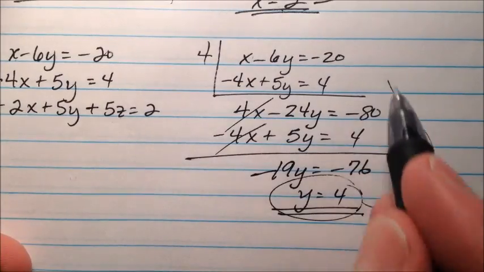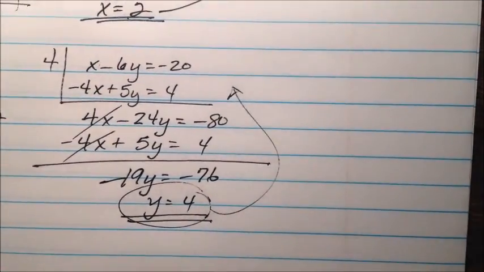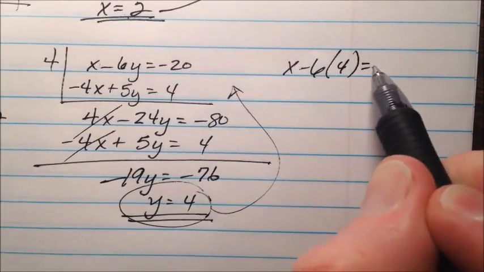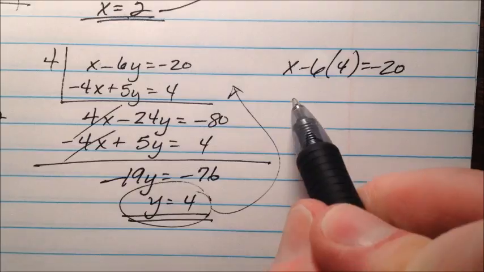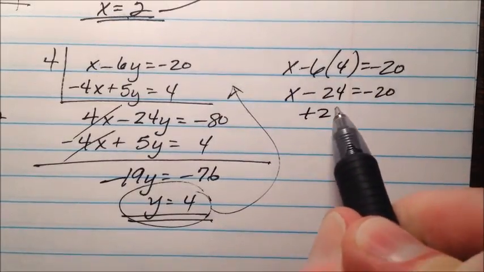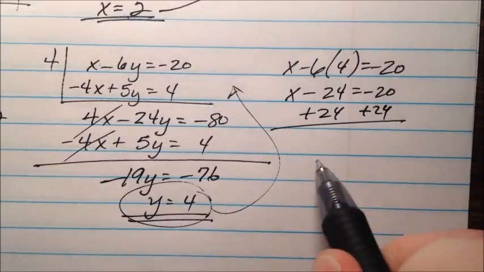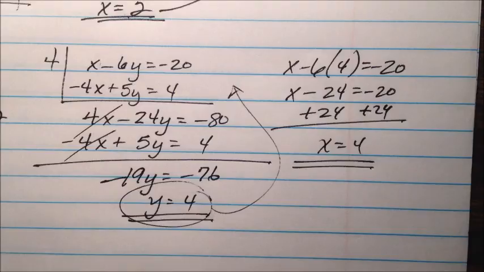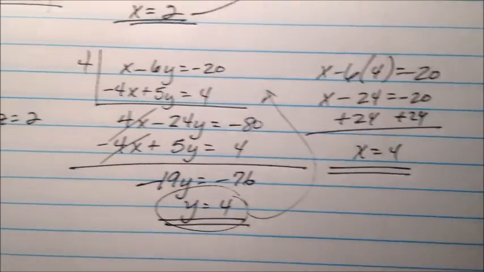If that's the case, I can plug it back up here, and so I have x minus 6 times y, which is a positive 4, equals negative 20. So x minus 24 equals negative 20. So I could add 24 to both sides and get x equals 4. So it looks like both x and y are 4.